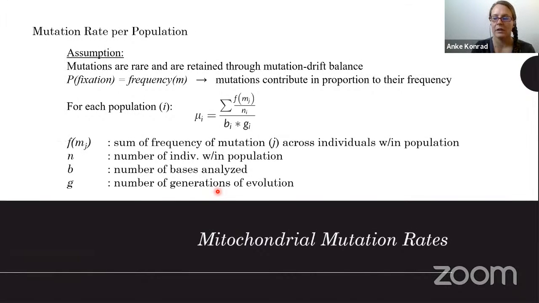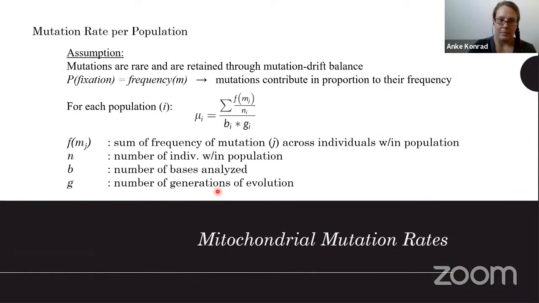So the first thing we looked at was the mutation rate of the mitochondria. And the way this is calculated is to essentially take all of the mutations in a population and add up their population frequency and divide that by the number of bases and the number of generations through which these mutation accumulation lines were propagated.